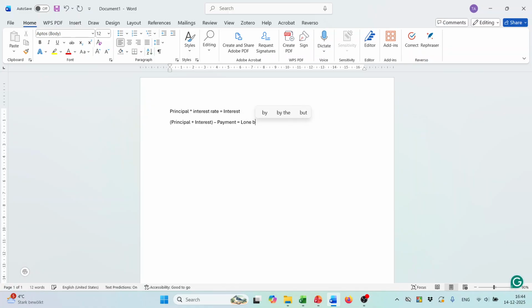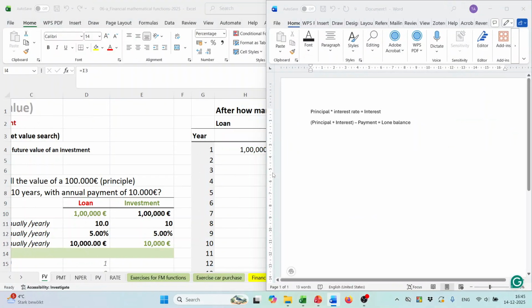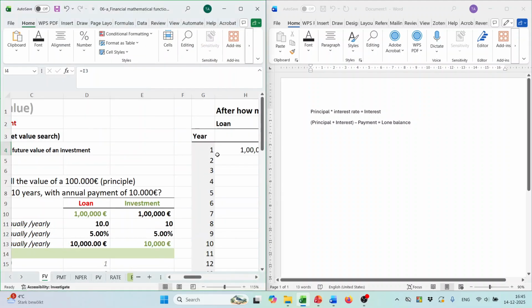So now this loan balance will go to the second year, and in the second year the interest will be calculated on this. So let's do it here mathematically.